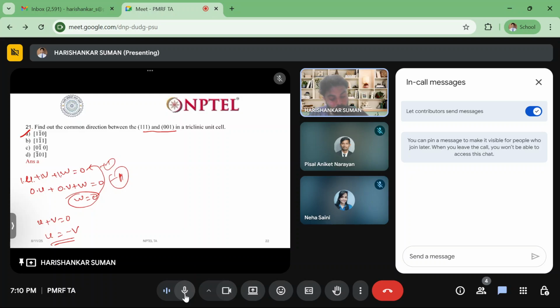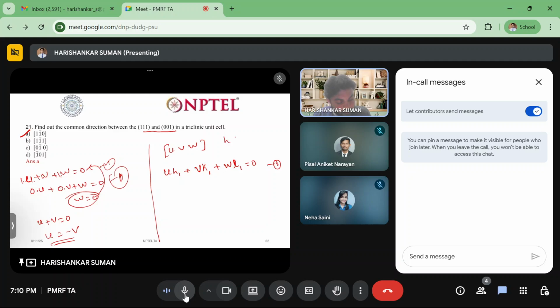Okay, for the common direction, you have to follow the equation. Let me write it down. If UVW is the direction and you have the HKL. First equation will be this.